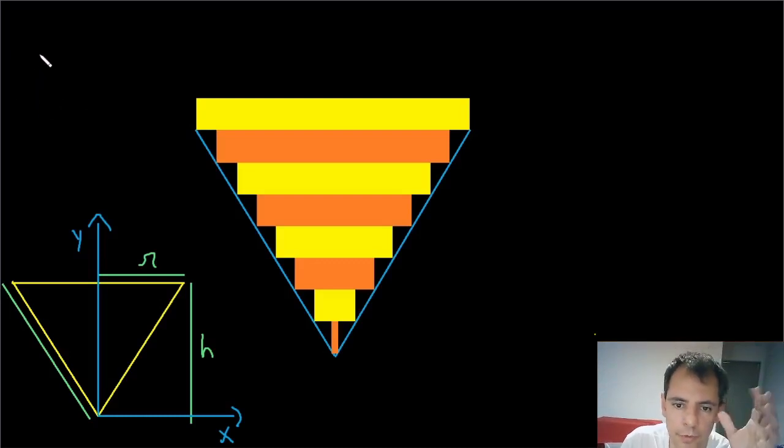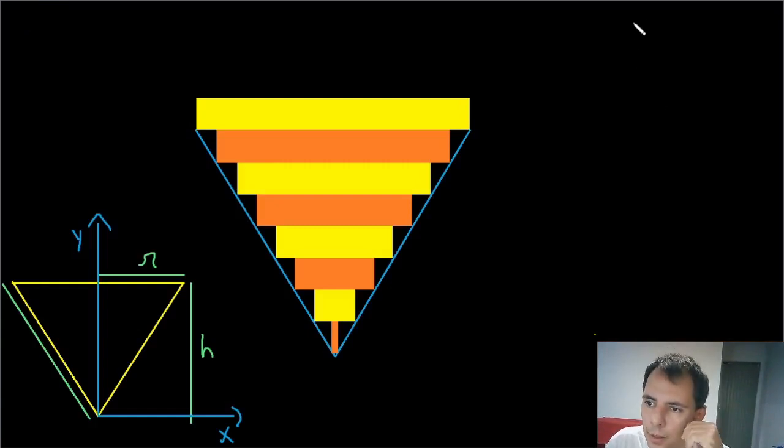And I'm gonna do this for you guys here. So we have to. Well, I'm gonna relate this time. I'm gonna find all the x with respect to y because we're still integrating with respect to y. Okay, so we have x equals r divided by h times y.